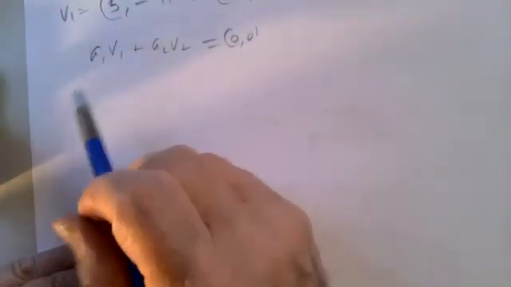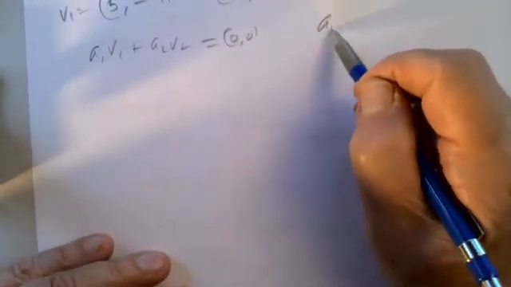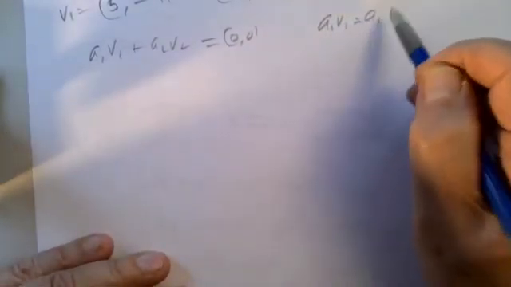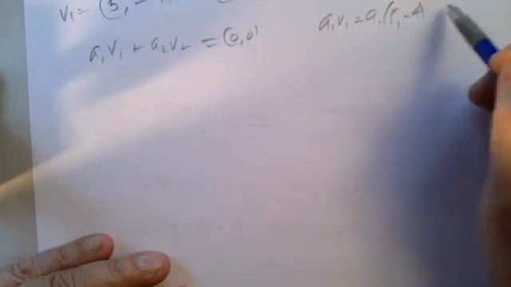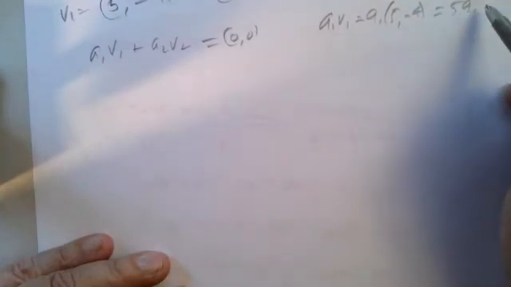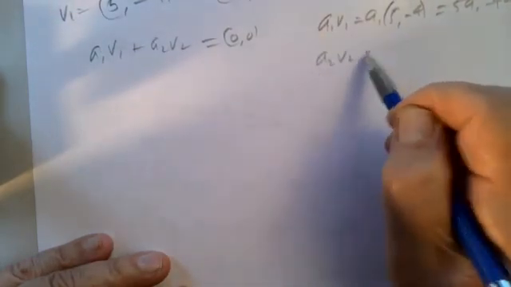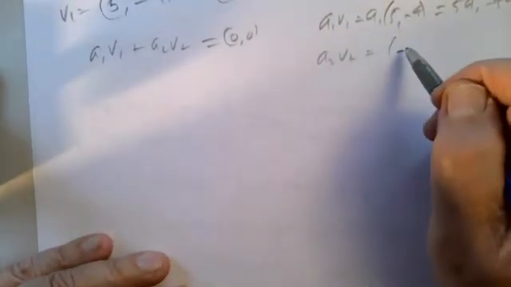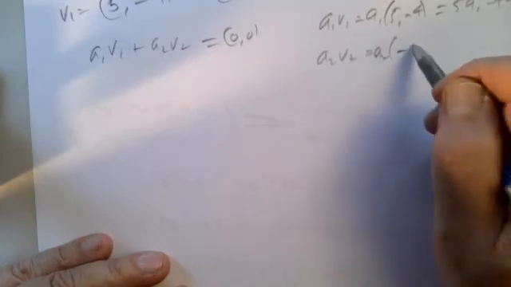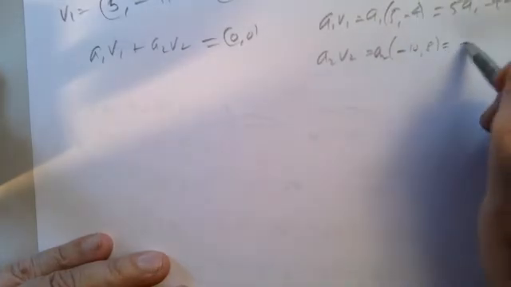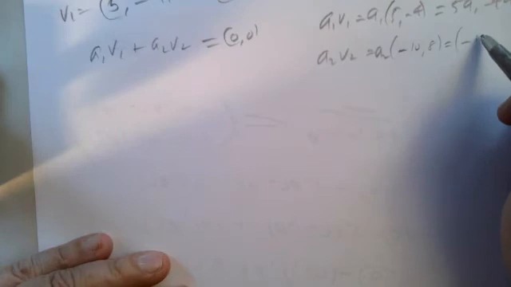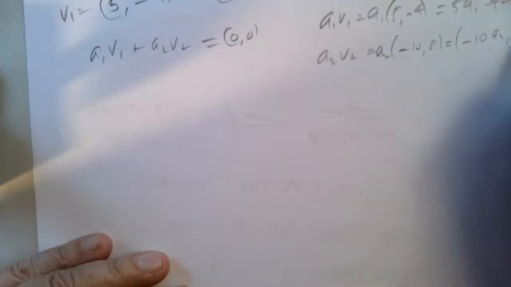Let's see, what is that? a1 v1 is a1 times (5, -4). That's (5a1, -4a1). And a2 v2 is a2 times (-10, 8). That's (-10a2, 8a2).